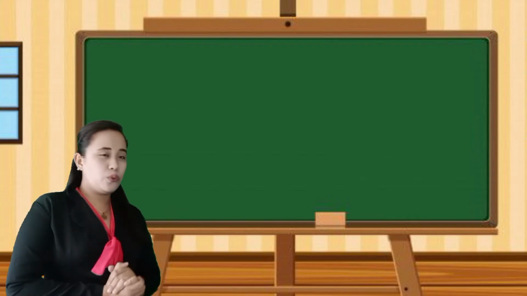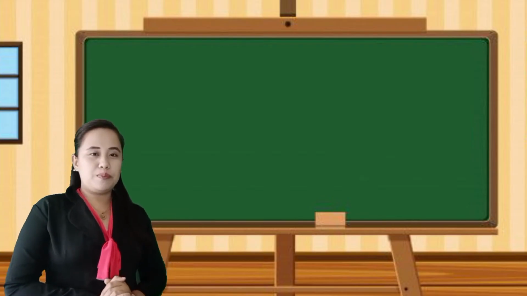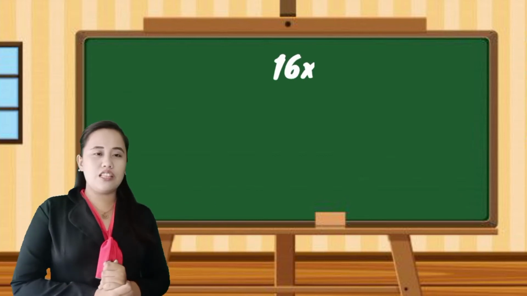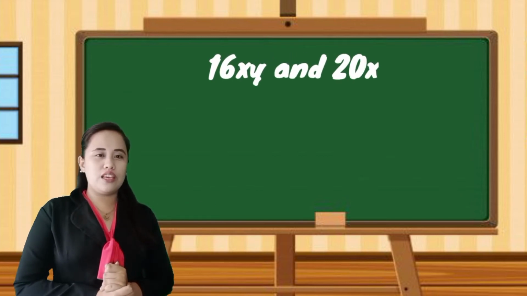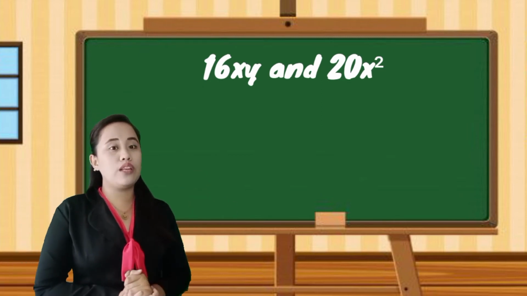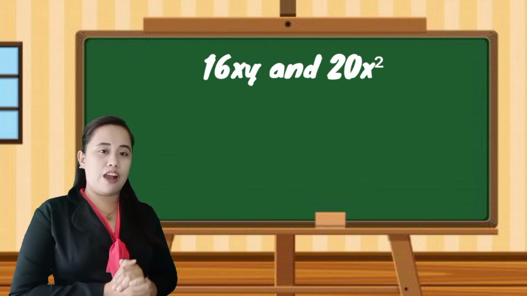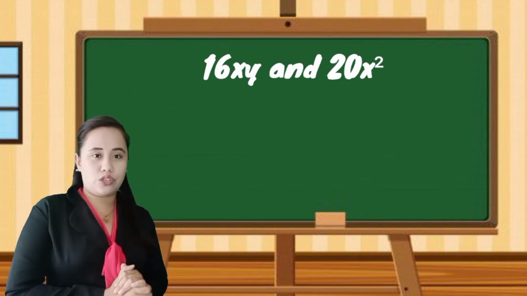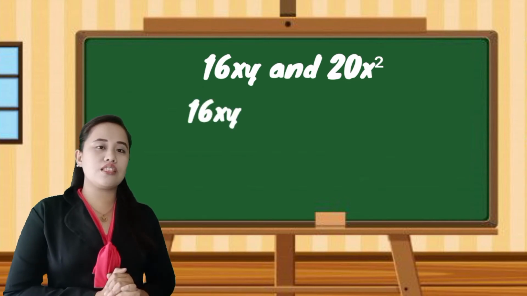Let's move on to our second example. We have 16xy and 20x squared. Just like what we did a while ago, we have to list all the prime factors of each expression. Let's start with 16xy.